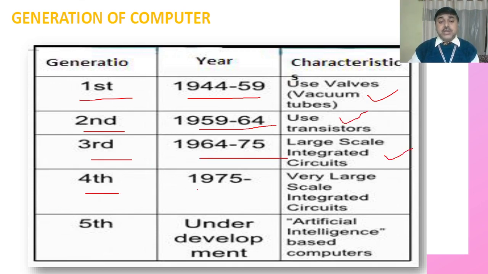The fourth generation is from 1975 till date, meaning till 2020, very large scale integrated circuit is used. After that, the fifth generation is now under development, where we want to use artificial intelligence, where a machine can understand everything and do everything. So this is what our different generations are.